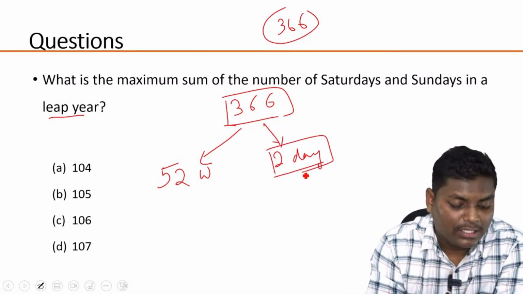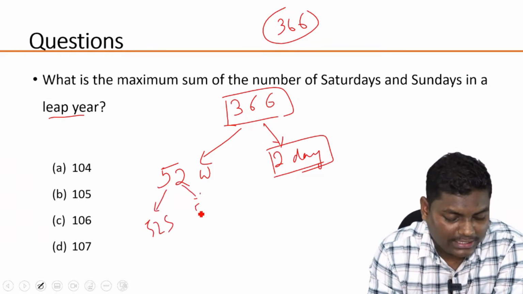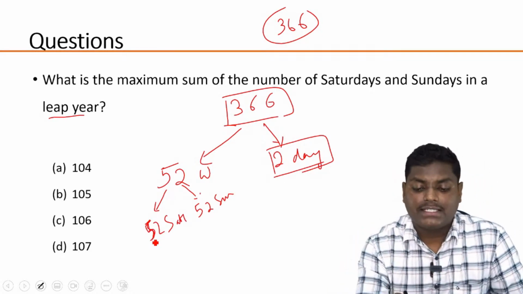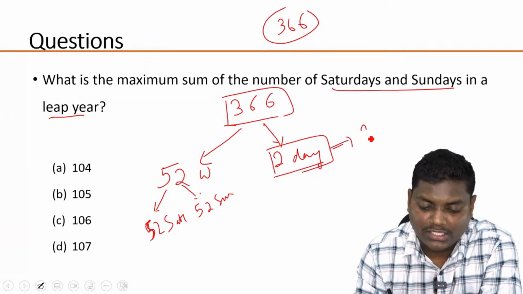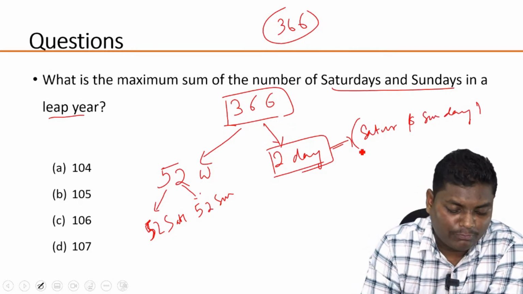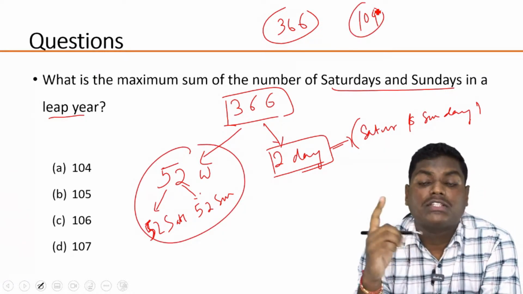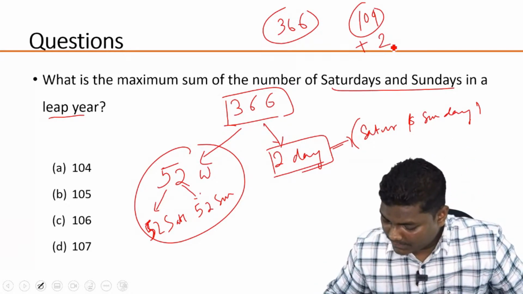Now in these 52 weeks, we'll have 52 Saturdays and 52 Sundays, because we have 52 weeks. So what is the maximum number of Saturdays and Sundays we can get? Saturdays and Sundays are consecutive, so we can have a combination where Saturday and Sunday come together. So for these 52 weeks, we'll have 52 plus 52, 104, plus 2 days. Those 2 extra days can be used.